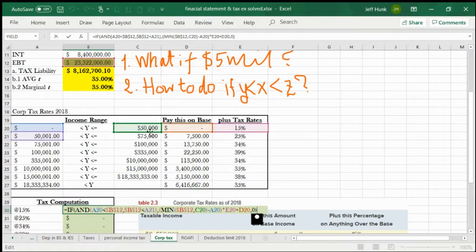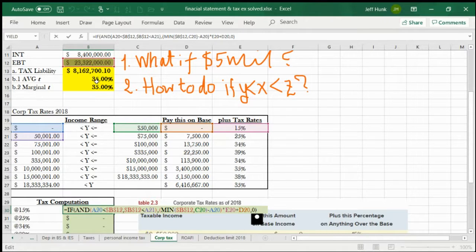the difference between whatever is less, right, between the two and the lower bound. In this case, it is 0. But from the second row, second bracket, it will make sense.